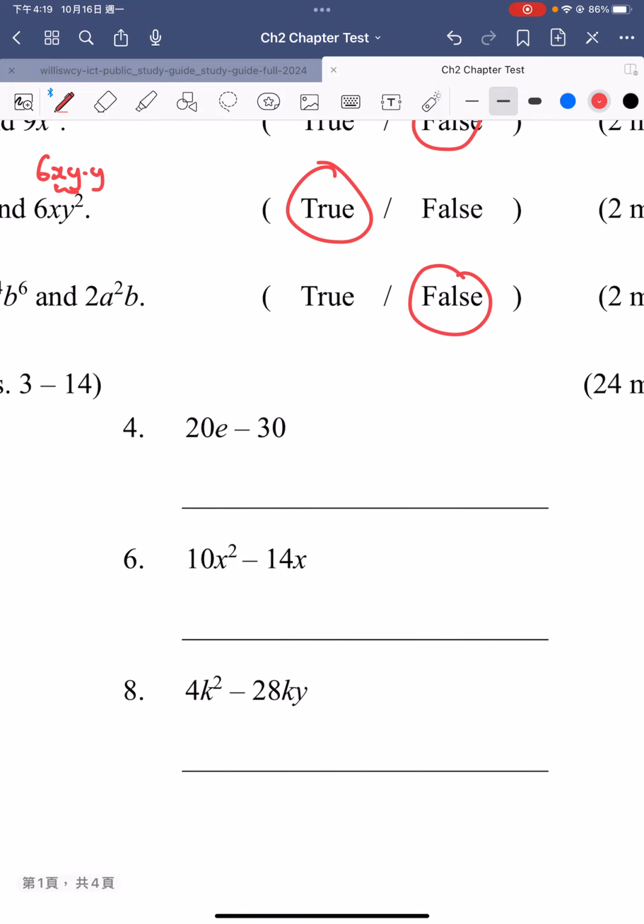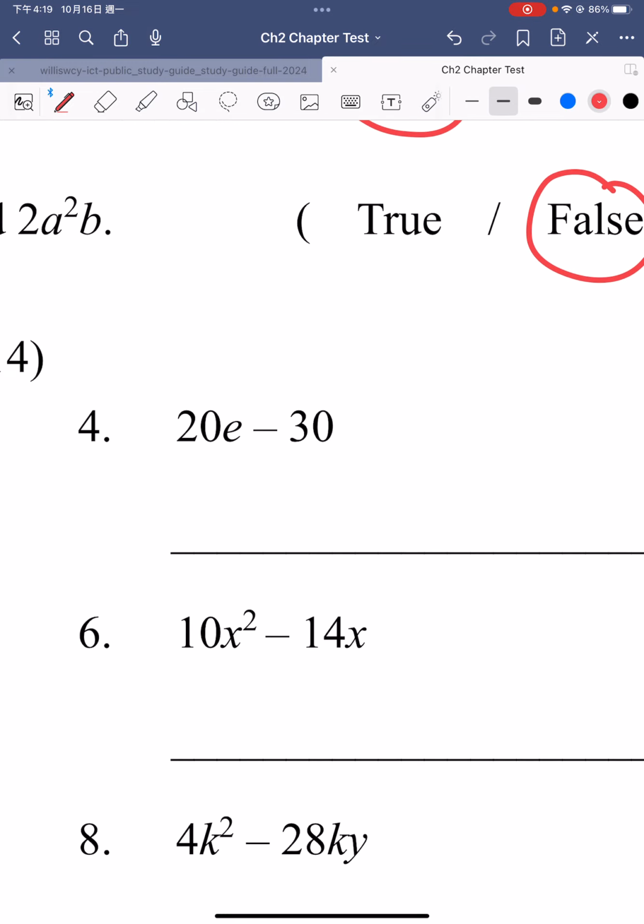So for question 4, 20e minus 30. 20 and 30 definitely have a factor of 10. So we can write it as 10 times 2 times e minus 10 times 3. So for now, we get 10 as our common factor, so we can take it out. After you take out a common factor, you give a bracket.